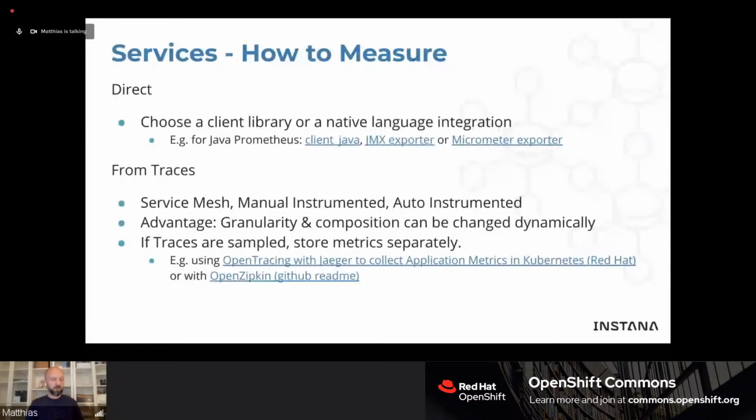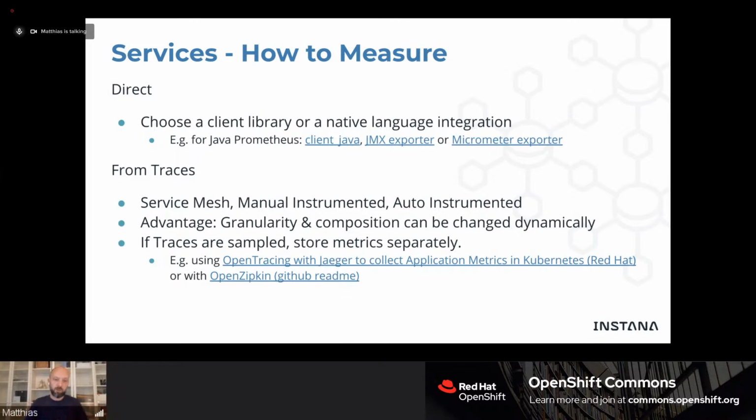A different way of doing this is capturing it from distributed traces. Distributed traces are something Instana is built upon: you look at the traces between the different services and use these traces to calculate the different KPIs. The advantage is that you don't have to do anything.